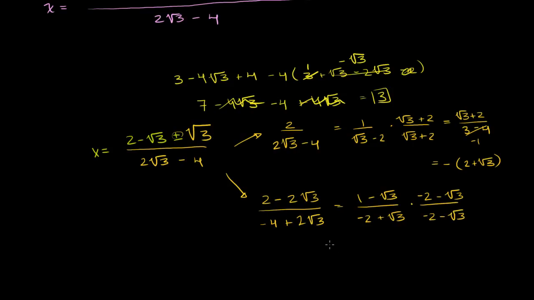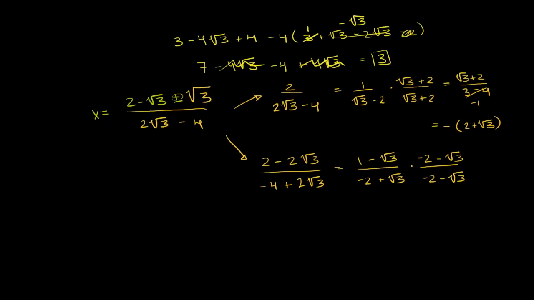And what do we get here? So in the denominator, we're going to have negative 2 times negative 2 is 4, 4 minus 3. So we just get a 1 in the denominator. The numerator, 1 times negative 2 minus square root of 3, so it's negative 2 minus the square root of 3.